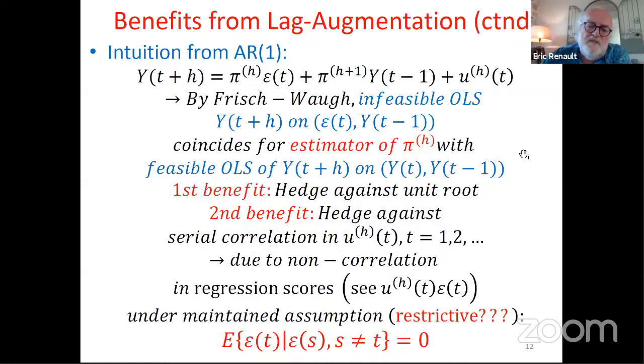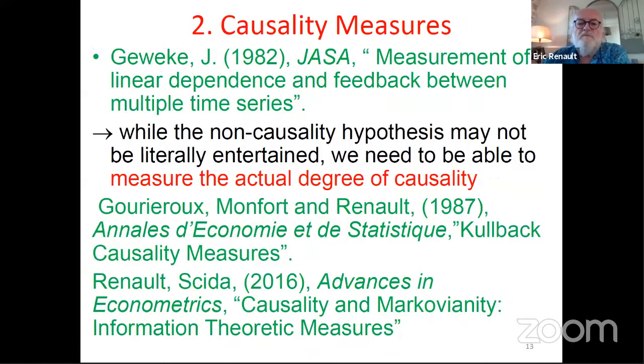You assume that epsilon_t has a zero conditional expectation, not only towards its past, but also towards its future. I don't know whether that is something like time reversibility, but it would be worth considering. Maybe I should stop before moving to the second part. Is there any clarification question at this stage, or may I move on?